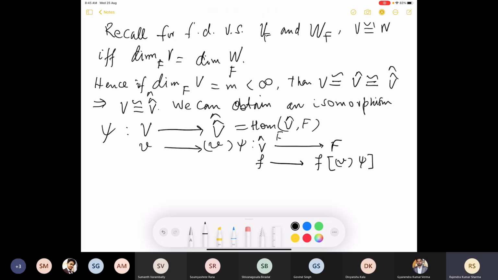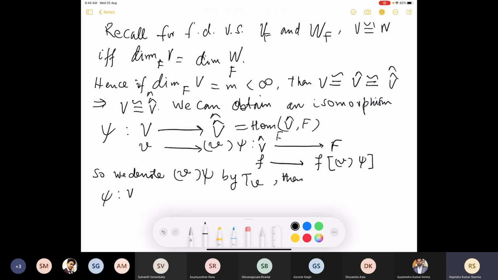Now recall that we denote this V psi the way we have been defining it, as T_v. So if we denote this V psi by, let us say, T_v, then V goes to this.